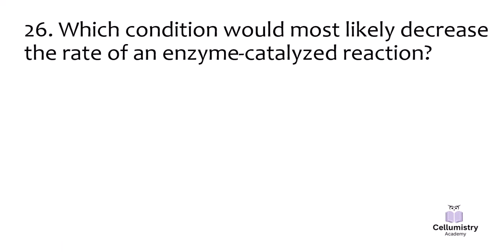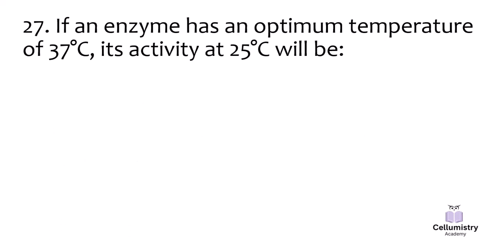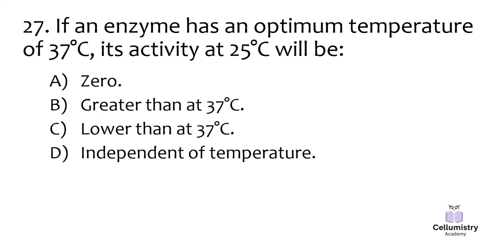Which condition would most likely decrease the rate of an enzyme catalyzed reaction? Answer is C. Lowering temperature far below optimum. If an enzyme has an optimum temperature of 37 degrees Celsius, its activity at 25 degrees Celsius will be... Answer is C. Lower than at 37 degrees Celsius.